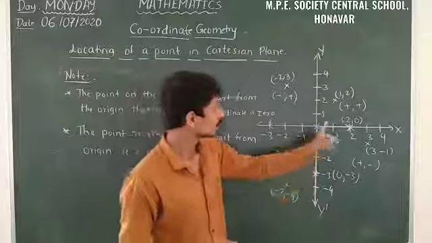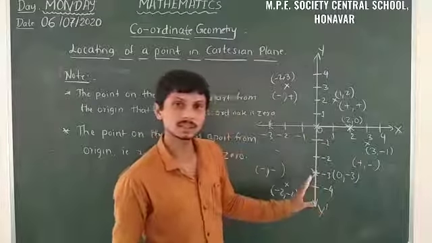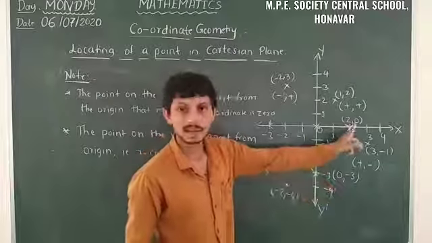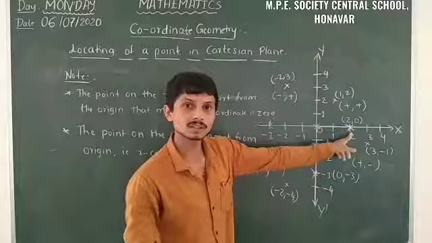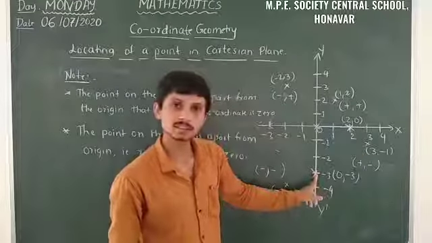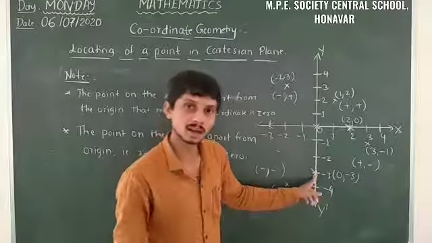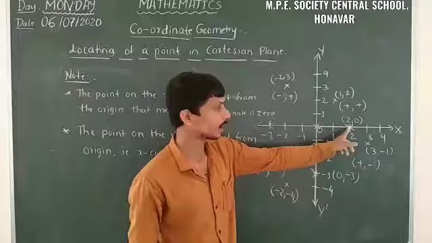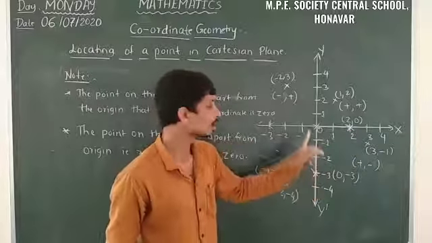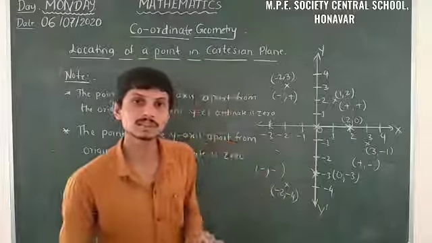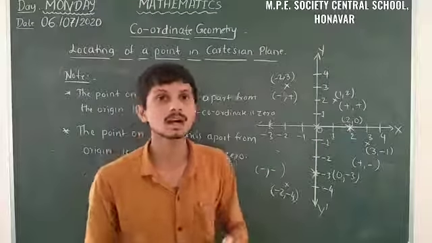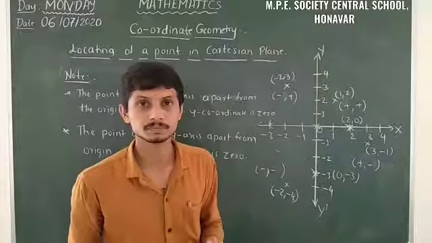So there are three conditions. The point on the x-axis means the y-coordinate is 0, the point on the y-axis means the x-coordinate is 0, and the point on the origin means both coordinates are zeros.